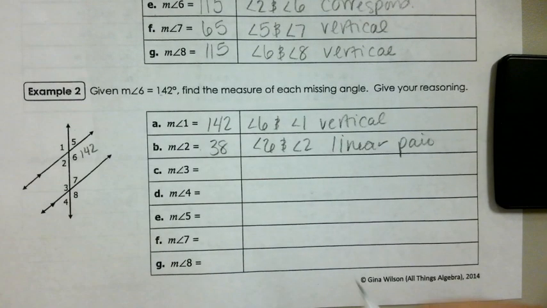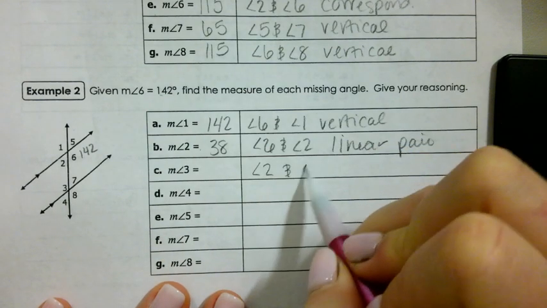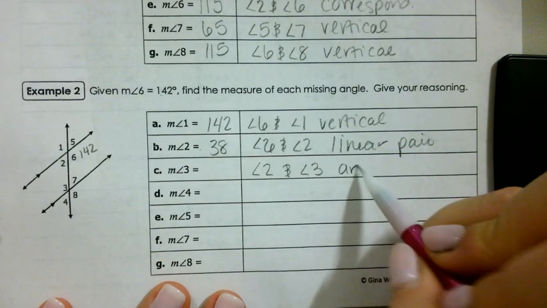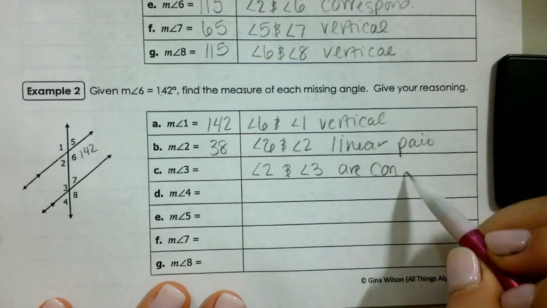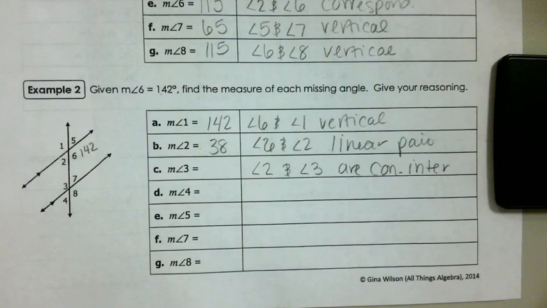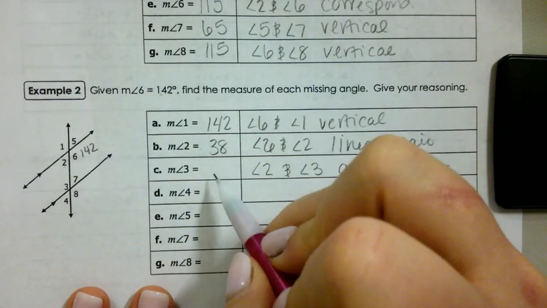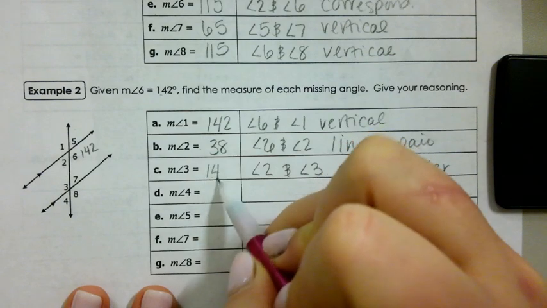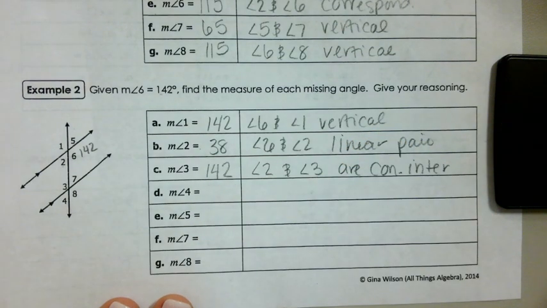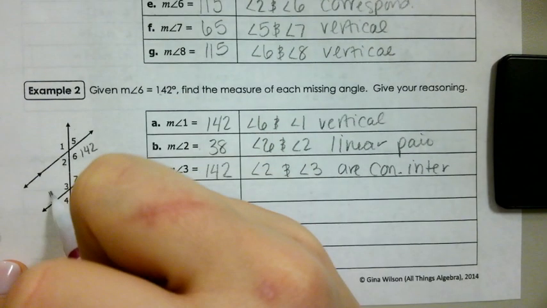We can find the measure of angle 3 because angle 2 and angle 3 are consecutive interior. Consecutive interior, if you look at the top, these two angles add up to 180. So if you know 2 is 38, you do 180 minus 38 and you get 142.